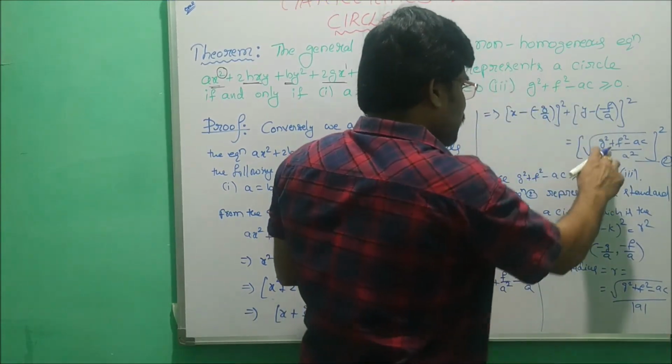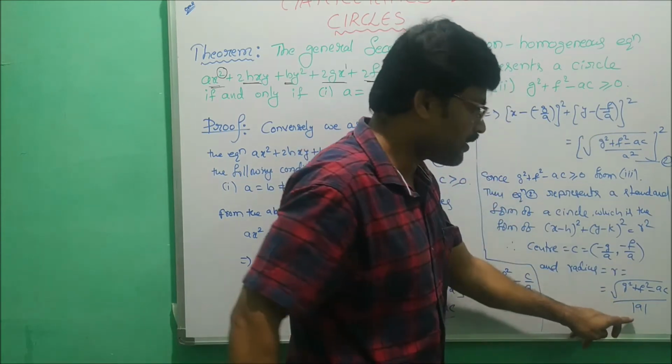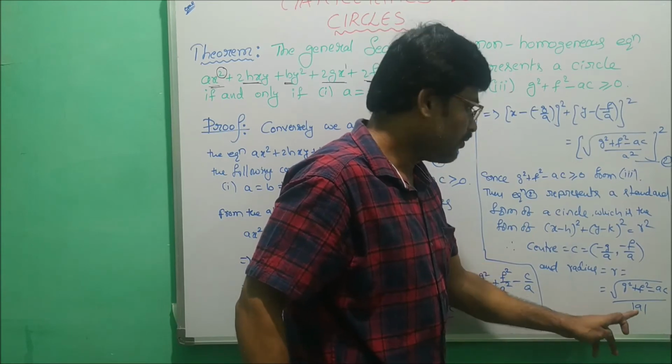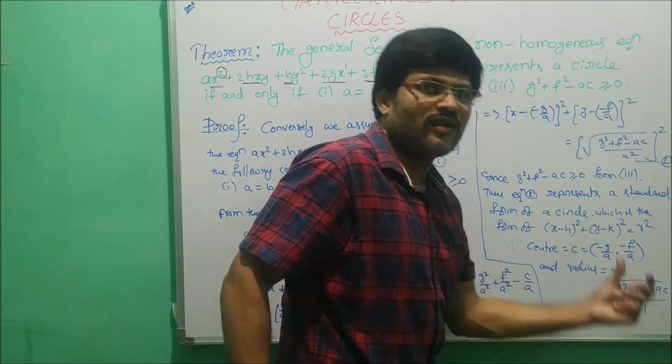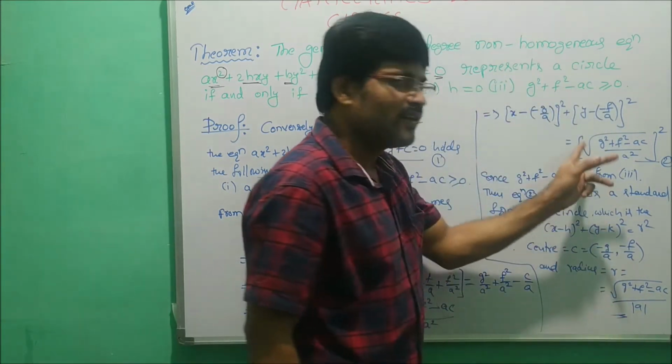We take a² outside the square root, so in the denominator we write mod a. Here we take a as negative; inside the modulus, that value is always positive. So this is the center and radius of the circle.